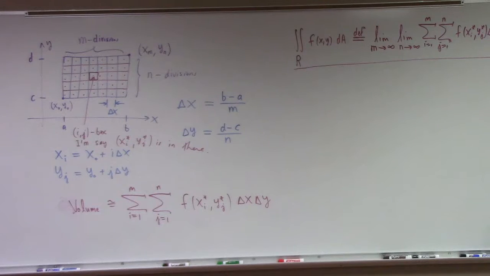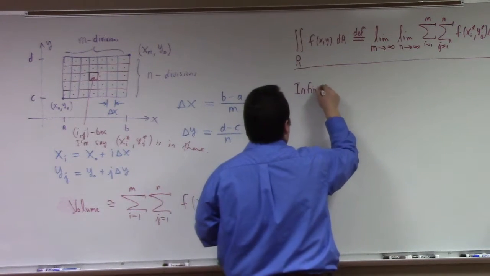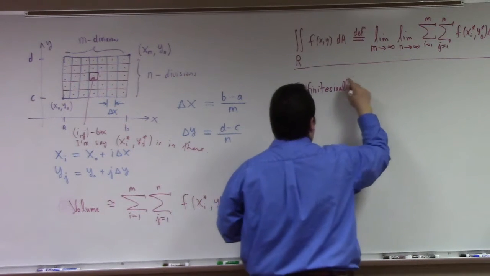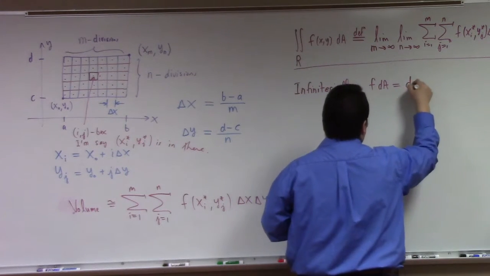Does that make sense to you? Why it should do that? I mean, here's how I think of it infinitesimally. This is just a formal slogan, if you like, but I think it's a useful one. Infinitesimally, f dA is equal to dV.